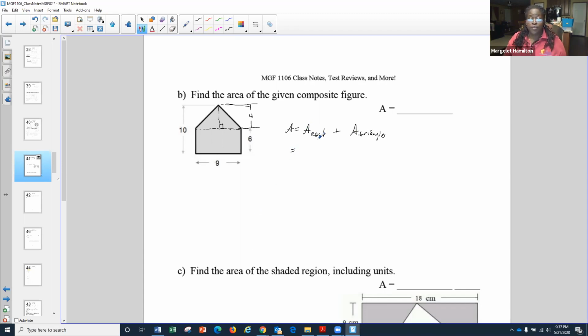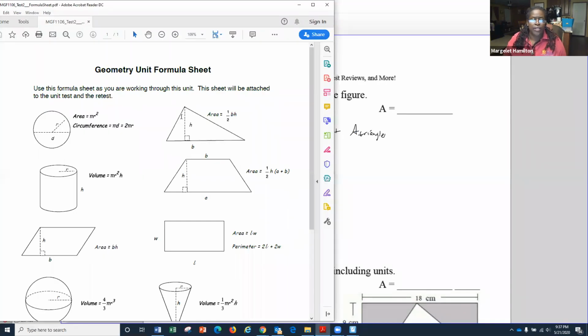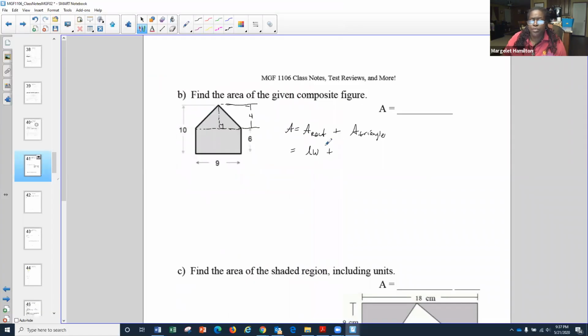Again, we know what the area of a rectangle is: length times width. The area of a triangle, let's take a look, make sure that we're okay with it. Here's the triangle, and the area is 1/2 base times the height. So there's the height, here's the base, I got it. 1/2 base times height. So now I have my formulas to support my structure.